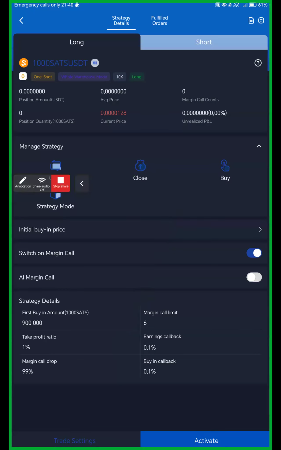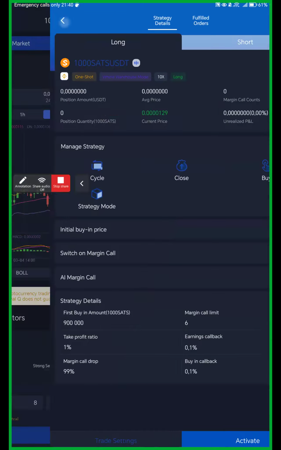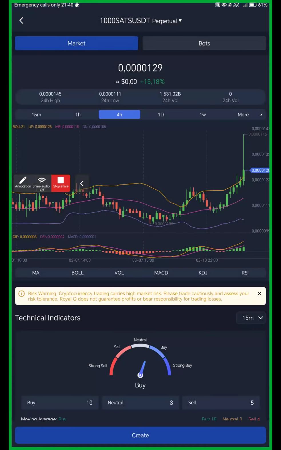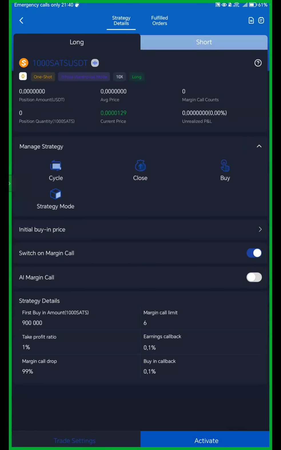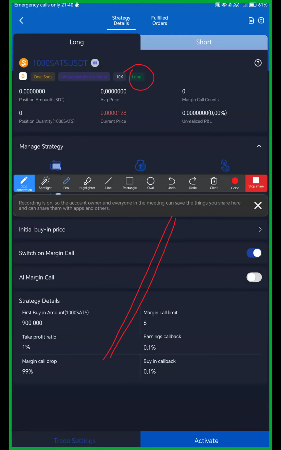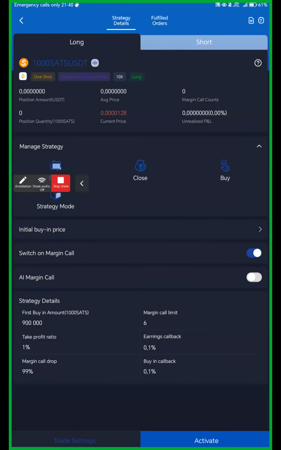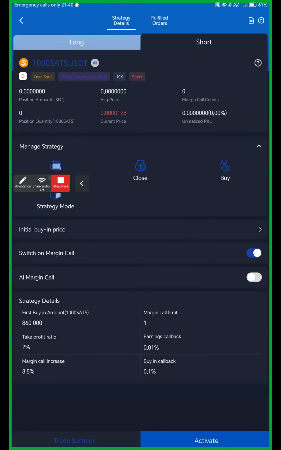If I want to short it, I'm going to come back here and change. When I tap on create, I understand. Then I must choose the short section here because currently this setting is under long. So I'm going to tap this section so that I can short the what? The market. So I'm going to tap on short.